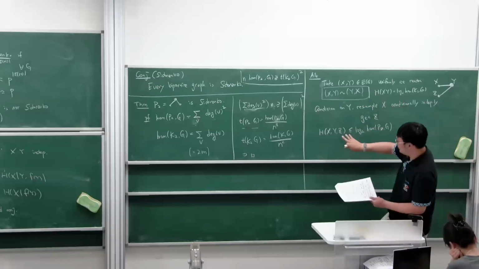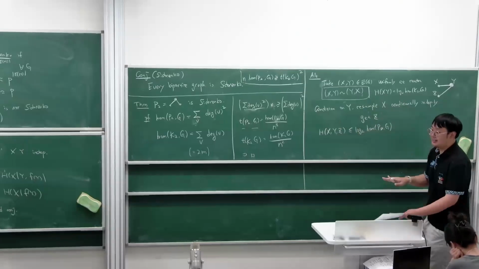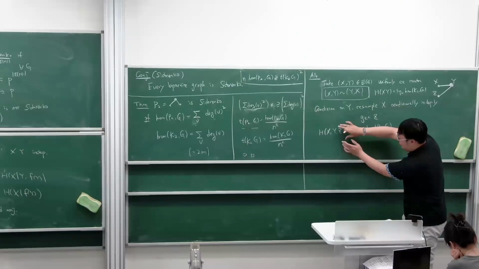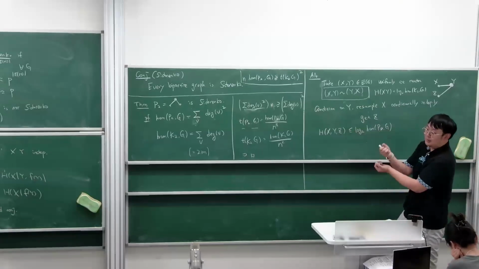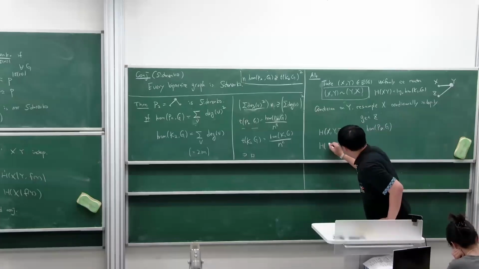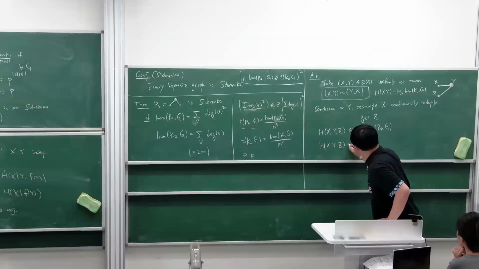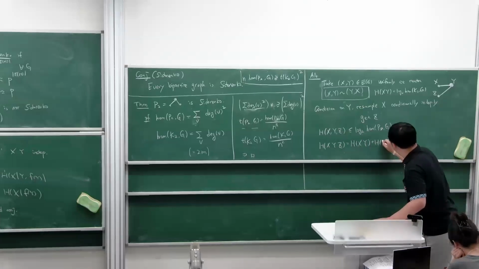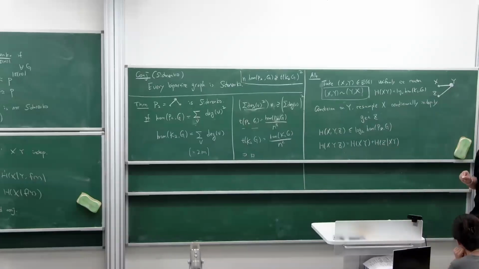So I want to try to remove the variable z, right? All the entropies related to z in terms of x and y. So the first thing I can do is to do chain rule. So this is exactly chain rule, right?